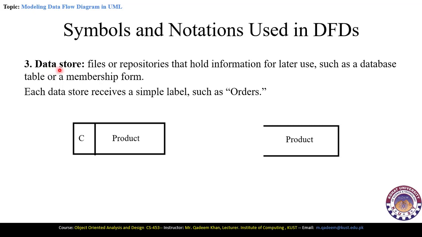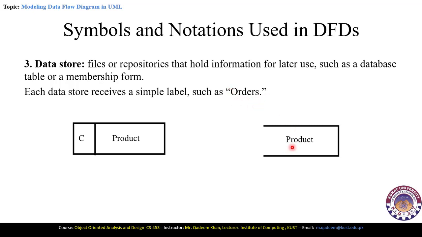The data stores contain different files or repositories which contain information for the users, and this information is used by the database tables or the membership form.